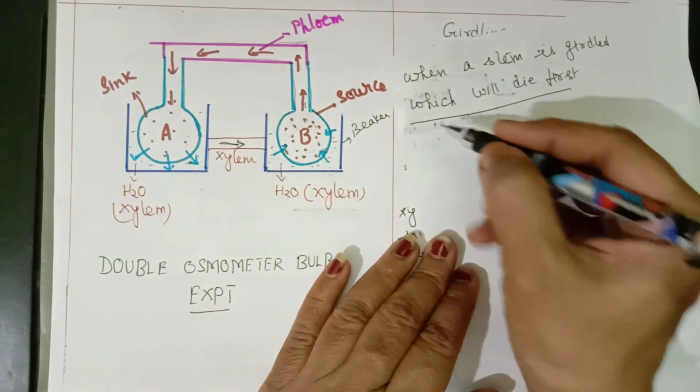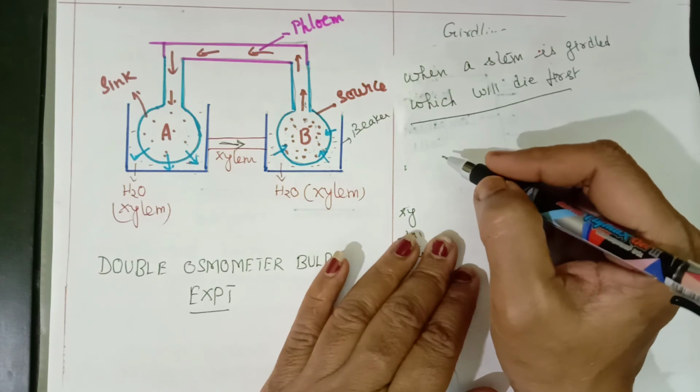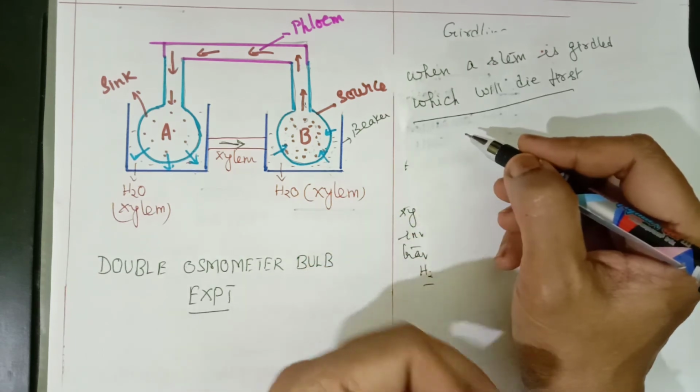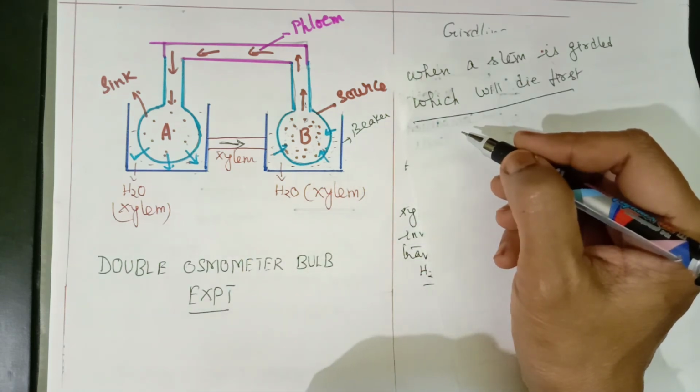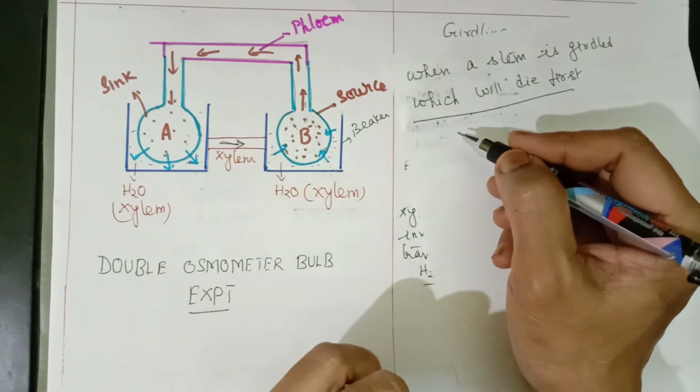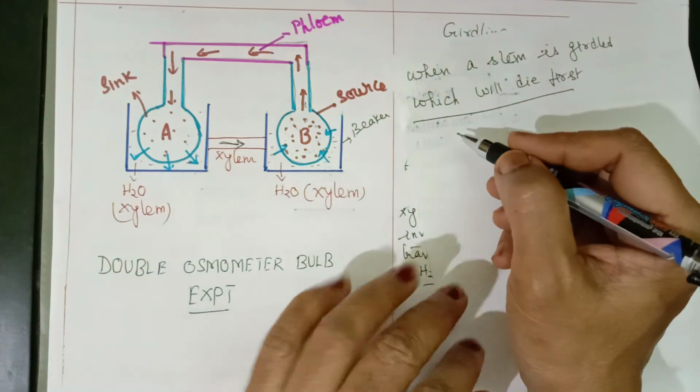Different options are given. The options are whether the stem will die first, or the upper part of the stem will die first, or the lower part will die first, or first the root system, or the root system followed by the shoot system.